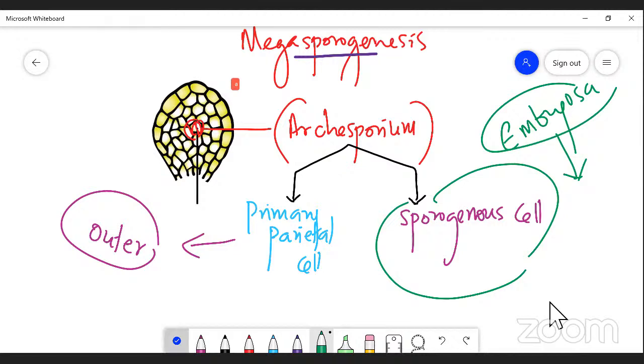Now, let me give an example for this megasporogenesis, right?